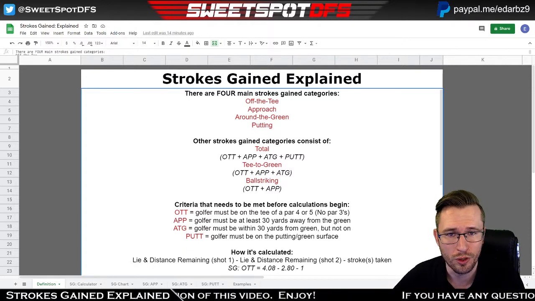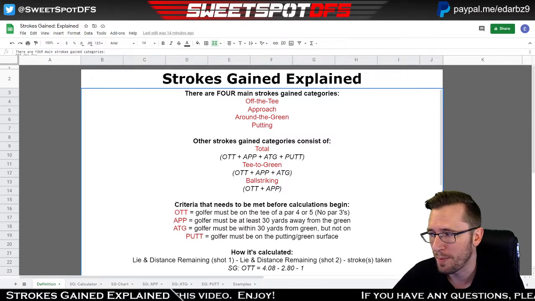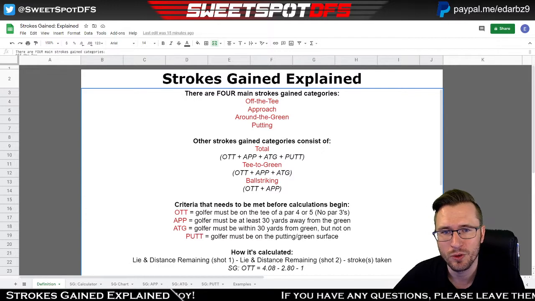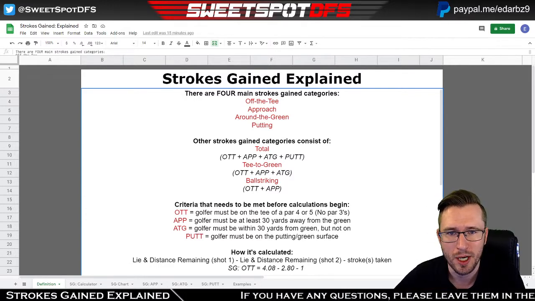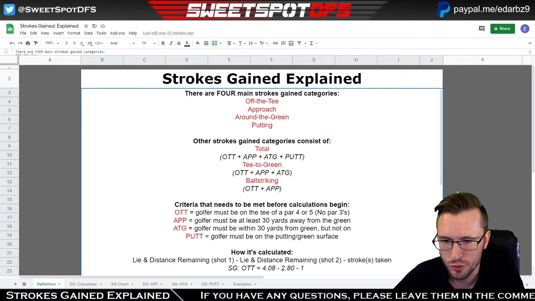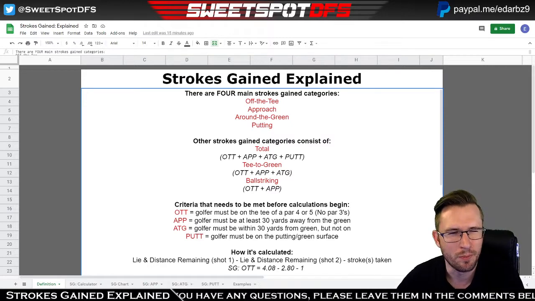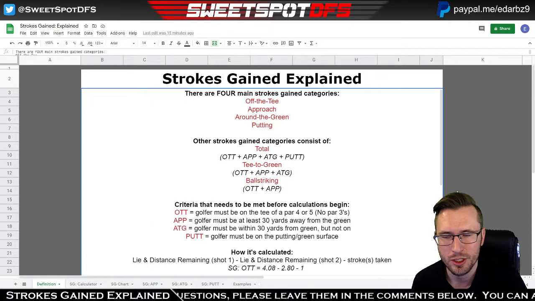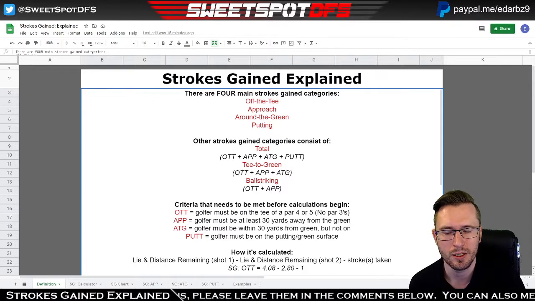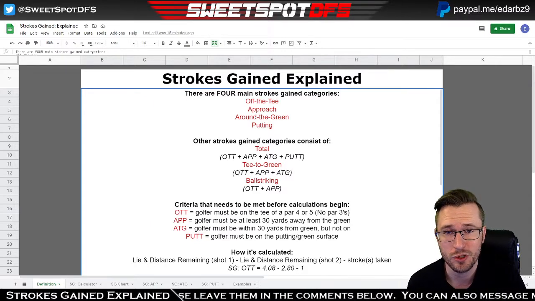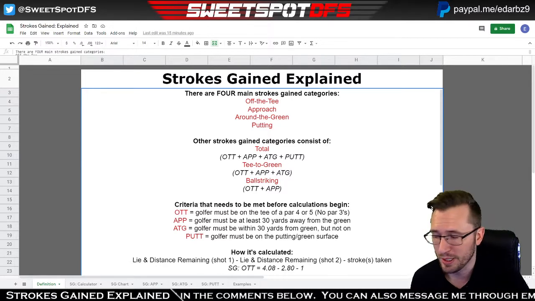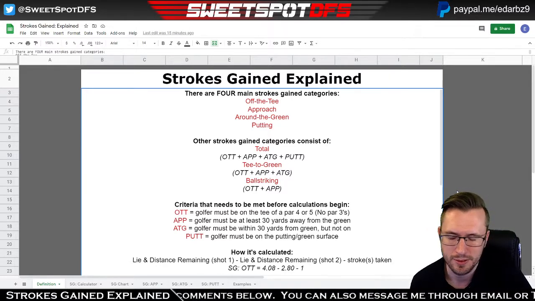Strokes gained total would combine off the tee, approach, around the green, and putting. Strokes gained tee to green would combine all of them except for putting. Obviously, it makes sense, tee to green. And then there's another one called ball striking that the PGA Tour has not recognized as a strokes gained category just yet, but a lot of people in the fantasy golf industry do use it as a metric. That would be off the tee and approach, and it would make sense.